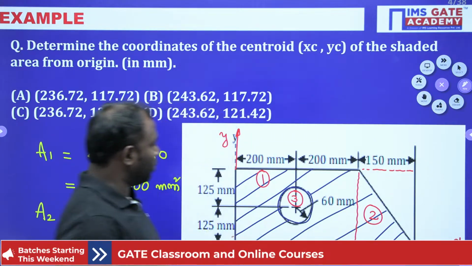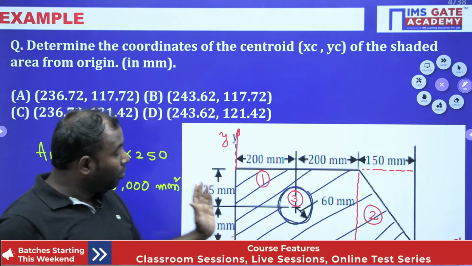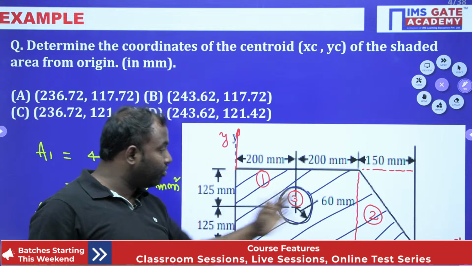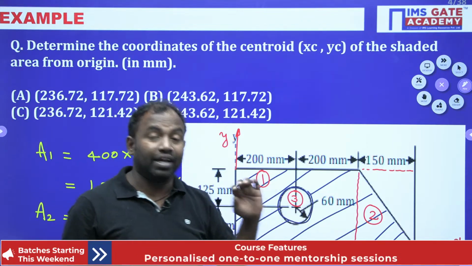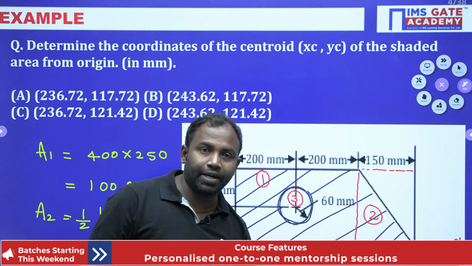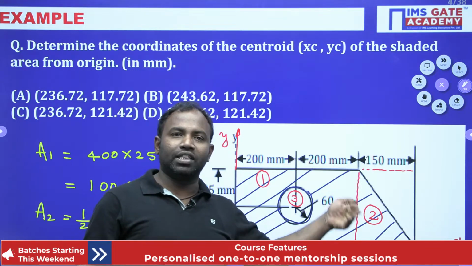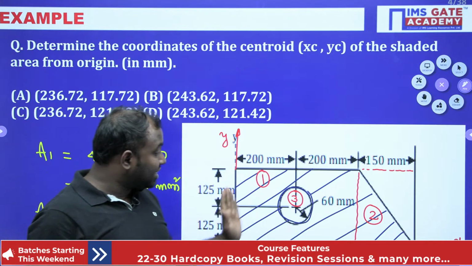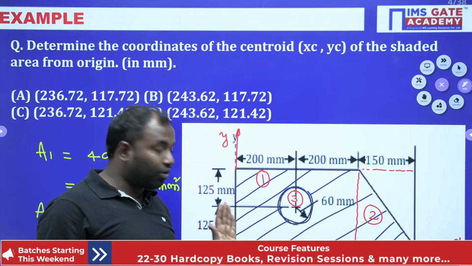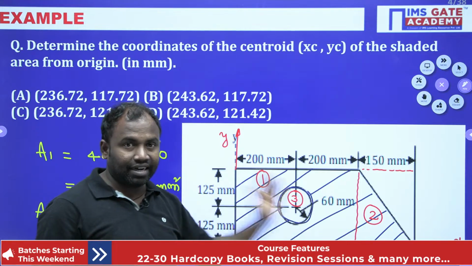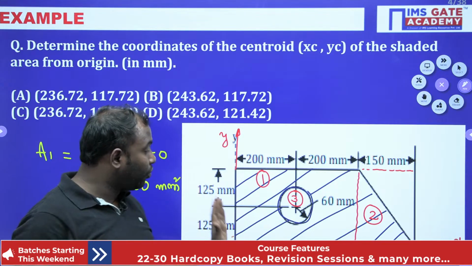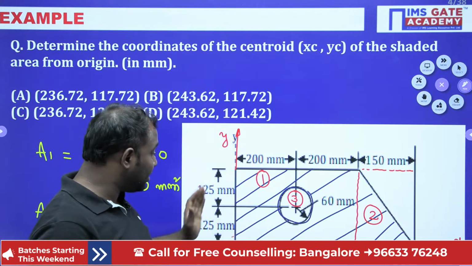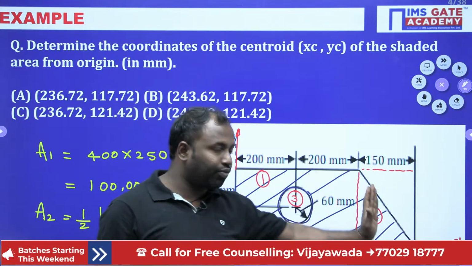Now we have to find x1, x2, x3 and then y1, y2, y3, isn't it guys? That means x1 is how far the centroid of the rectangle is from the y-axis. x2 means how far the centroid of the triangle is along the x-axis, that is, from the y-axis, right.